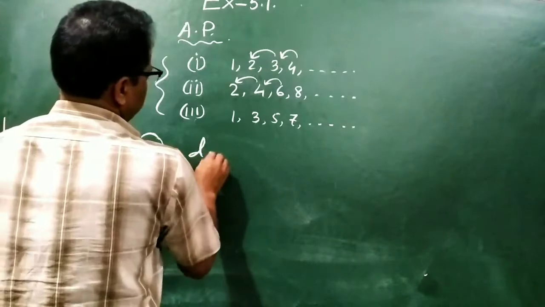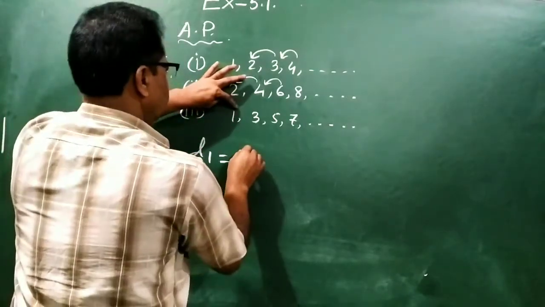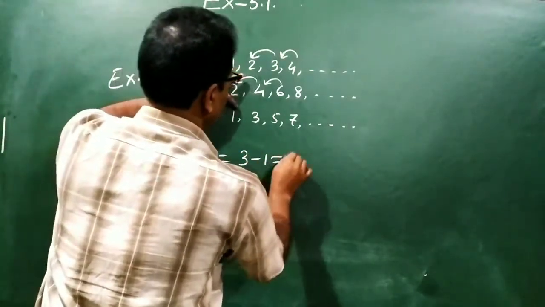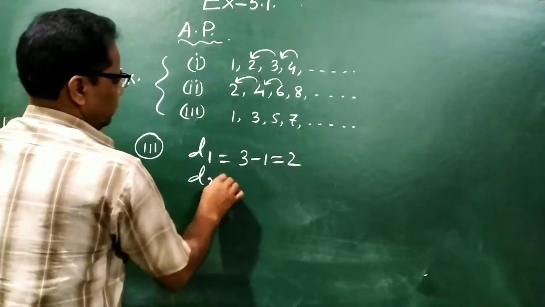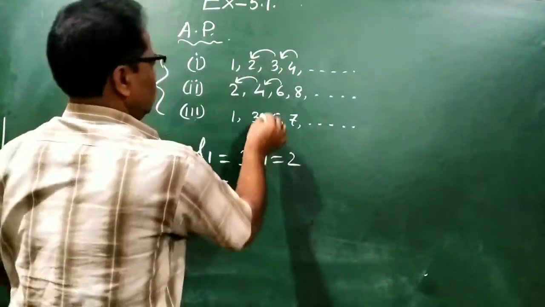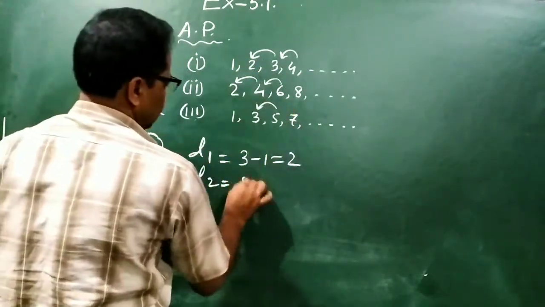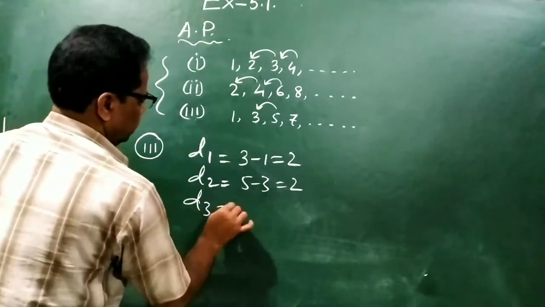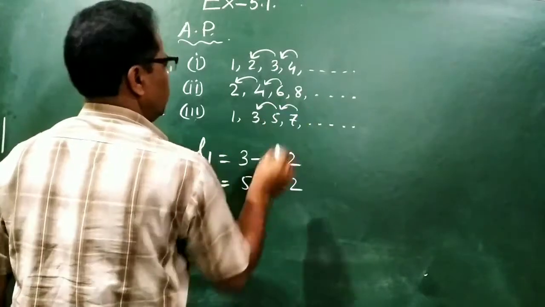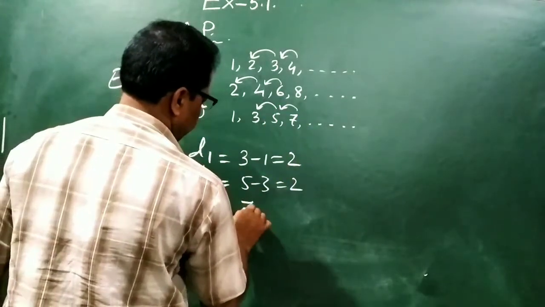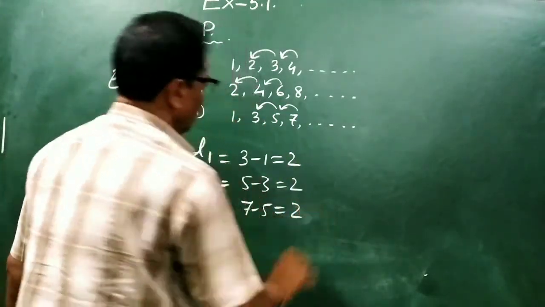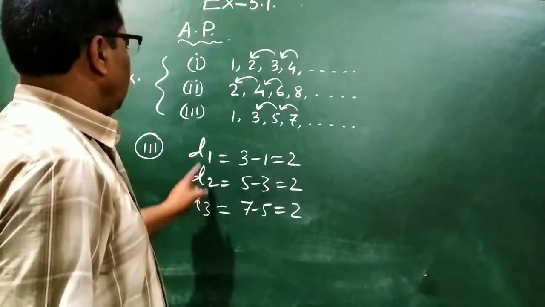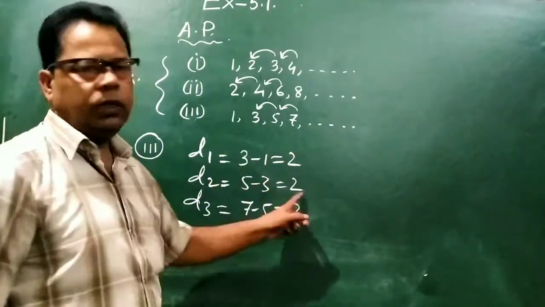Here D1 is 3 minus 1, which is 2. D2, common difference, that is 5 minus 3, is 2. D3, this is 7 minus 5, is also 2. So all these common differences are equal to 2.